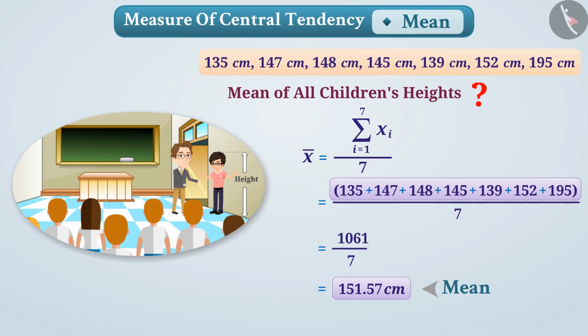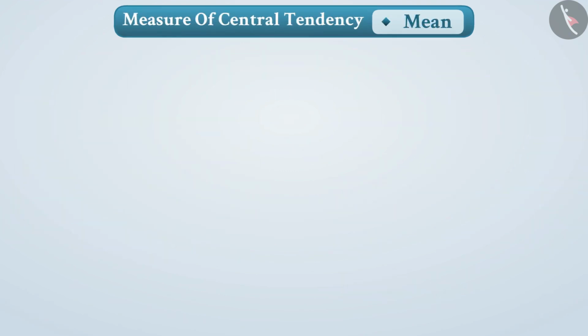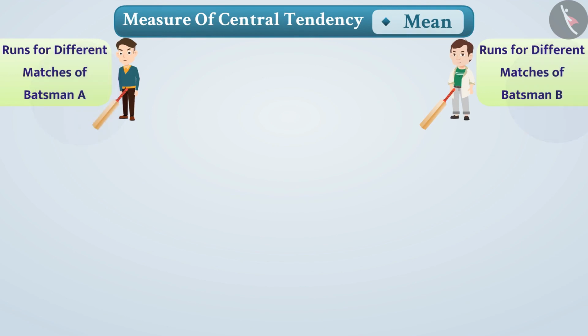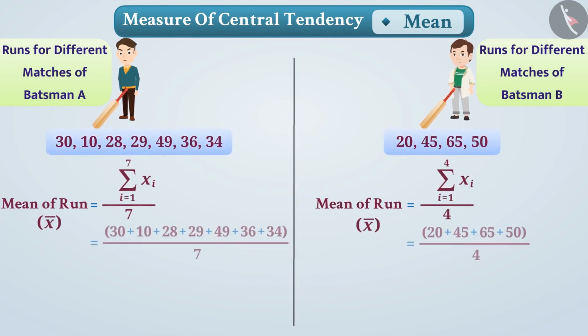Therefore, if we require a scale showing the reflection of the total value, in that case, the mean would be a suitable measure. Similarly, if we have to compare the performance of two batsmen, then it will be more useful to compare them by finding the mean of their runs.